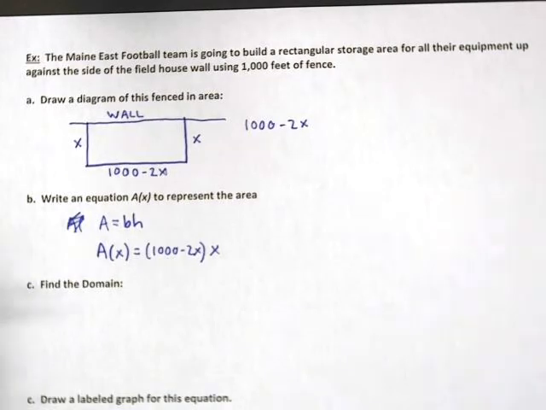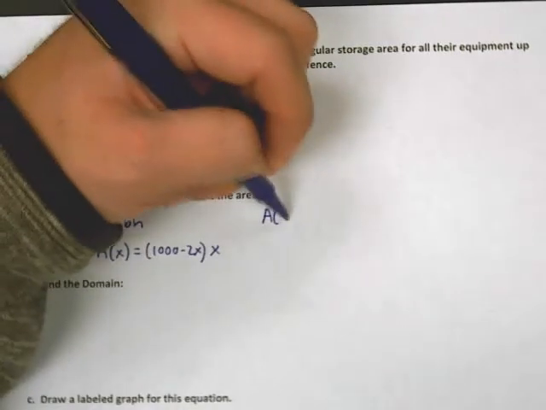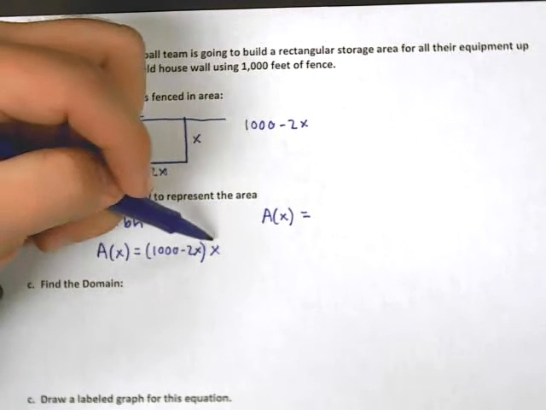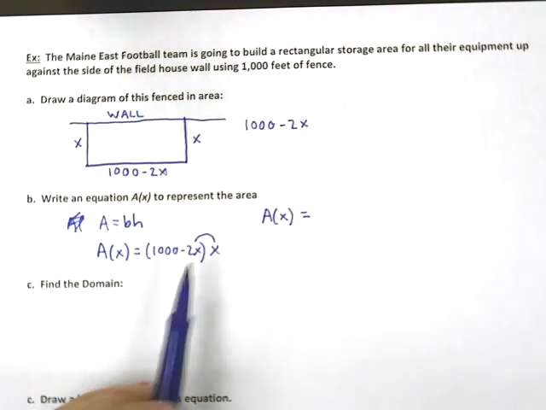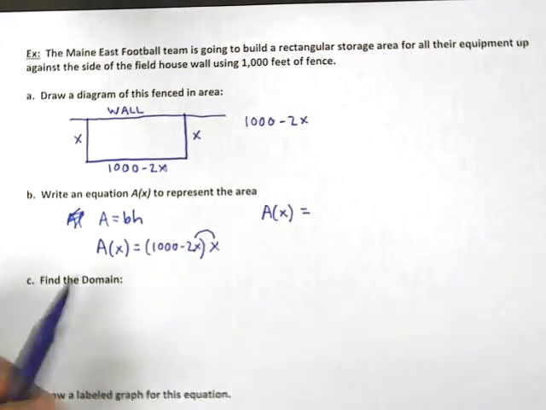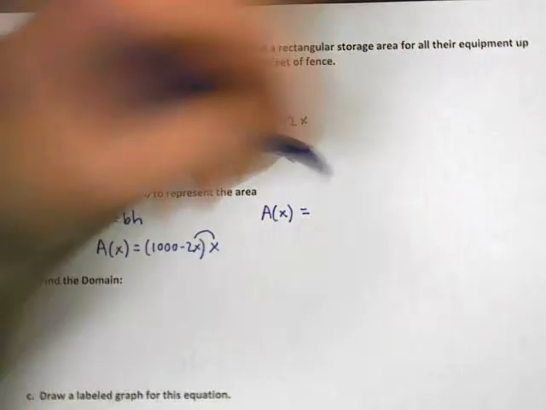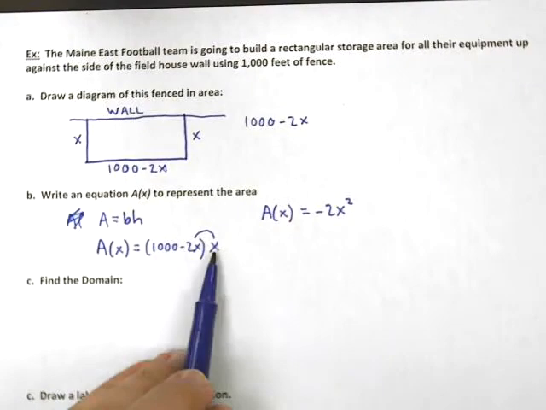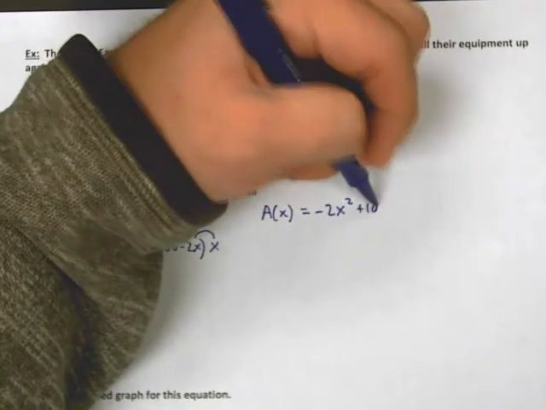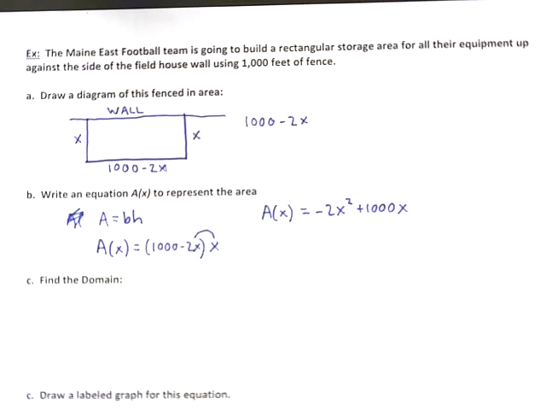Remember that because we're graphing this, we do want to distribute and turn into standard form so we can see what's going on. Which means I'm going to combine a couple of steps together. I'm going to go with my largest degree first. So negative 2x times x is negative 2x squared, and then positive 1,000 times x is plus 1,000x. So now I have my area function.